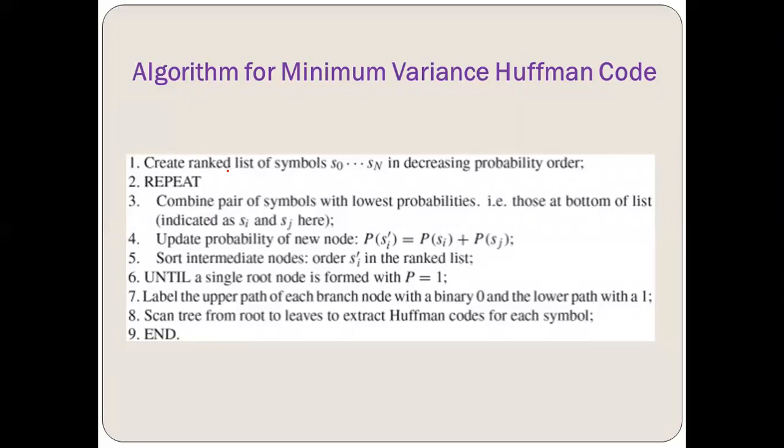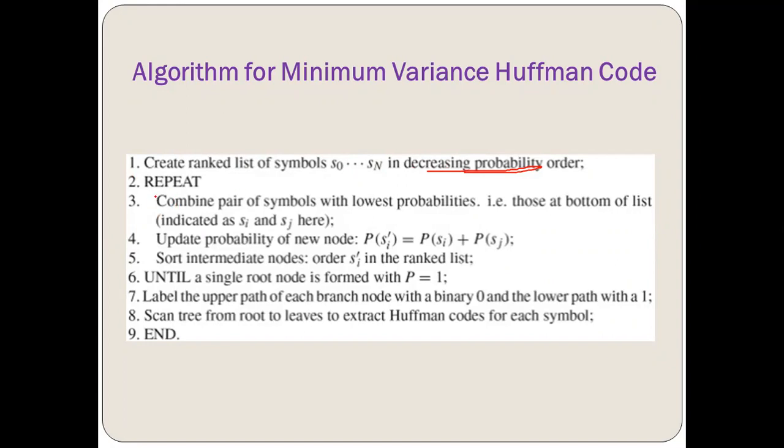The step says that we are going to order or sequence the symbols in decreasing probability order, right? The symbols will be given with the probability, and according to the probability we are going to put the sequence of these symbols.